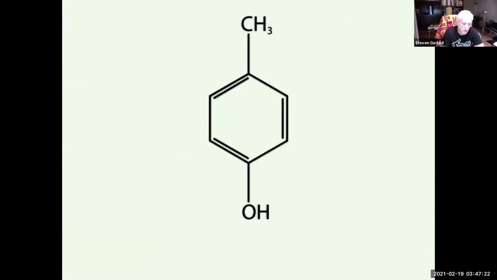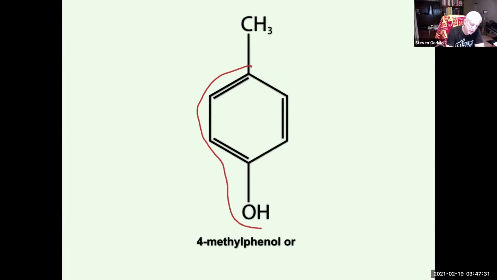Now this is when you have toluene and we have phenol on here. So you can name it as the phenol group or the toluene group. So we'll name the phenol right here. This is phenol. And then 1, 2, 3, 4. So 4-methylphenol. Phenol is the OH group on there.